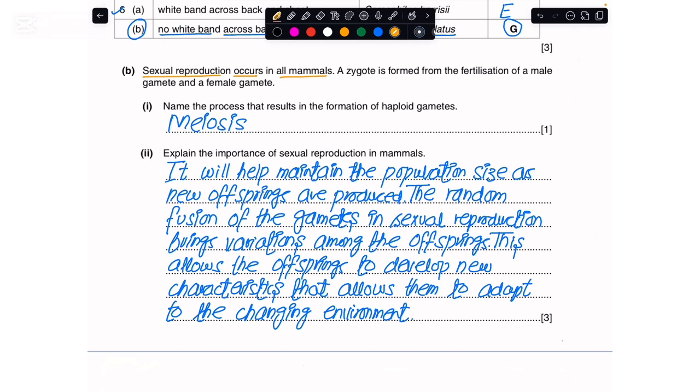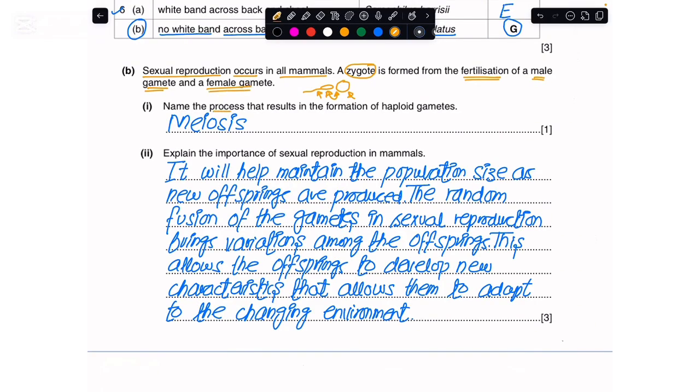The male parent would be making the sperm cell and the female parent would be making an egg cell, and when they both fuse with one another, as a result we would be making a zygote. This fusion of the sperm cell and the egg cell is what we refer to as fertilization, and that is happening between the male gamete, which is the sperm, and the female gamete, which is the egg.